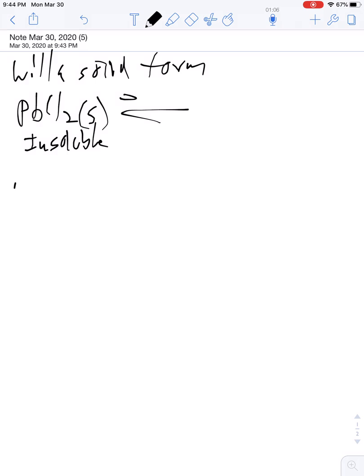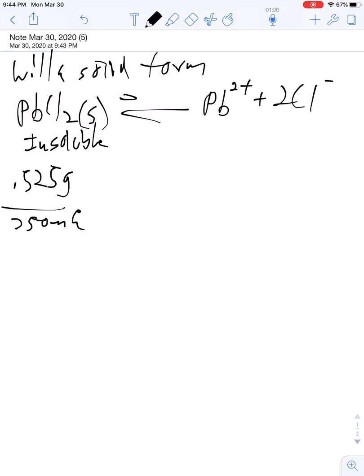So I'm going to add a very small amount of lead chloride, 0.525 grams, and I'm going to put it in 250 milliliters of water. So the first thing I'm going to have to do is convert this to molarity, okay? So my milliliters becomes liters, and 278 grams of lead chloride gives me 1 mole.